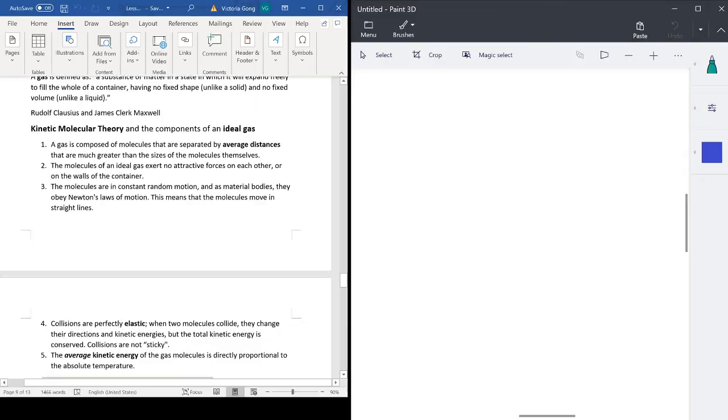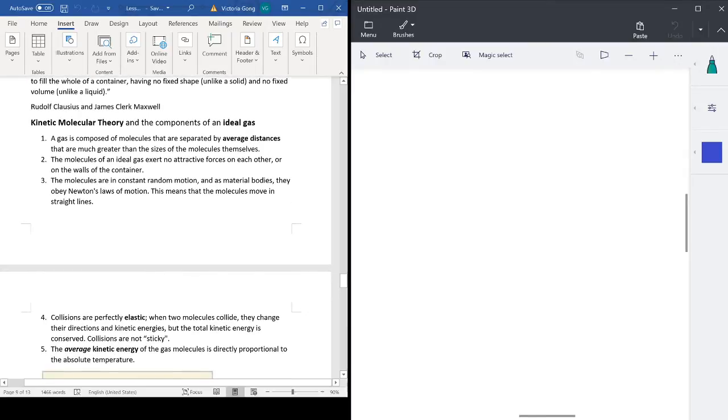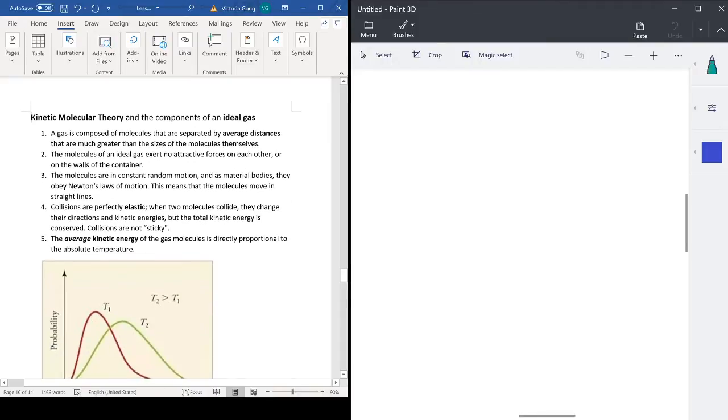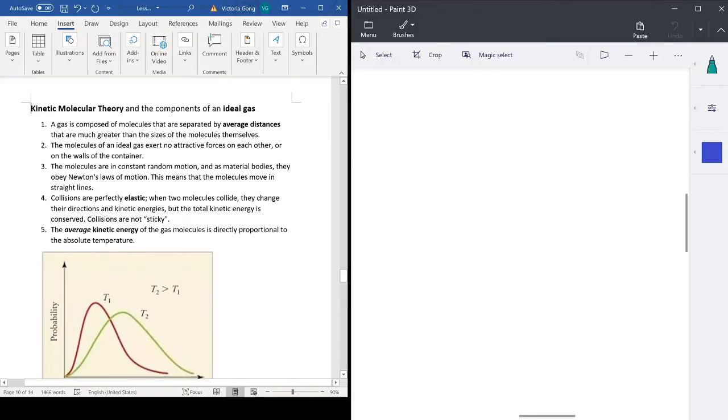These theory points apply to an ideal gas, or what they came up with as one. So let's just make this slightly easier to see. There are 5 components of this theory that are really important, and we're just going to go through them really quickly right now.